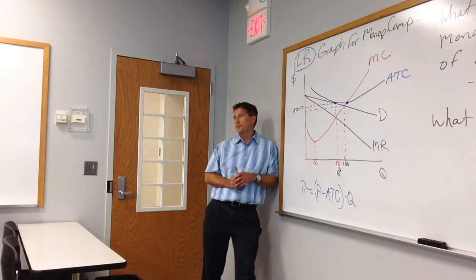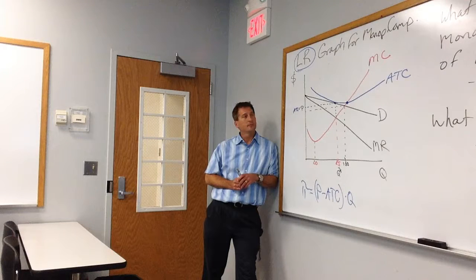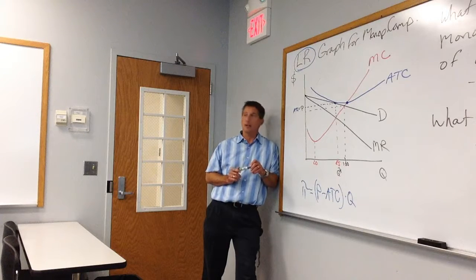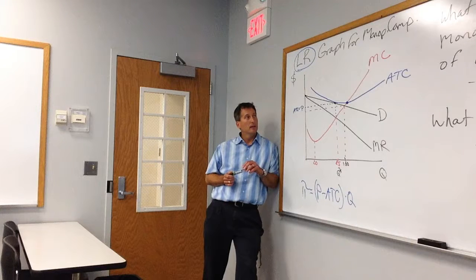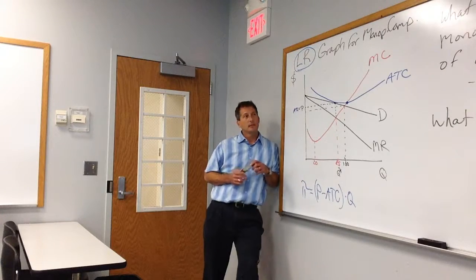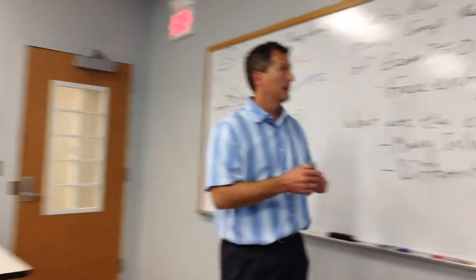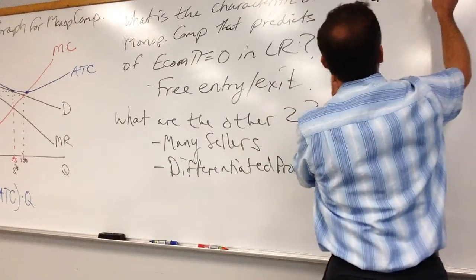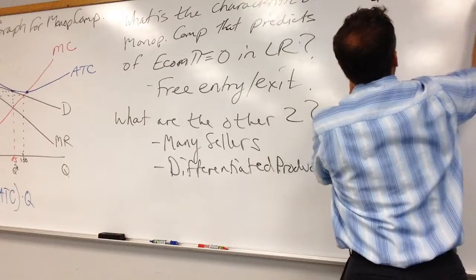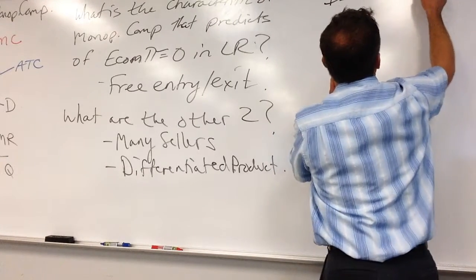Allocatively efficient? Allocative efficiency in monopolistic competition? So is Q star allocatively efficient?